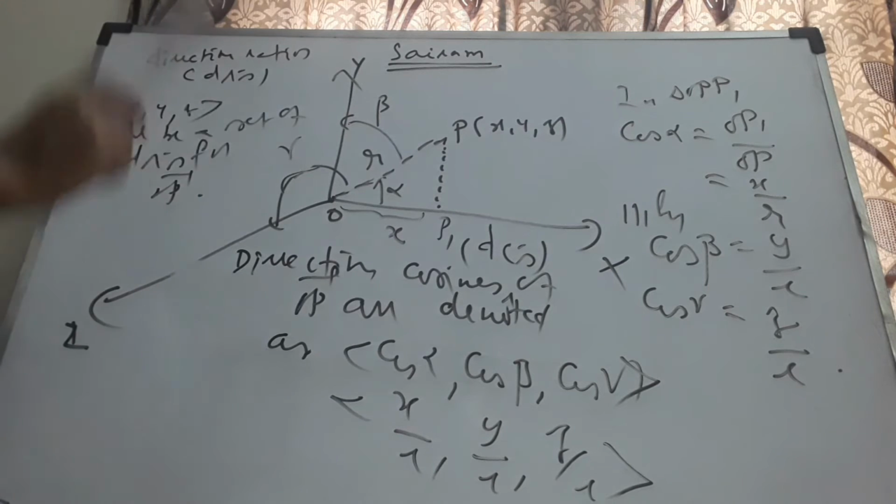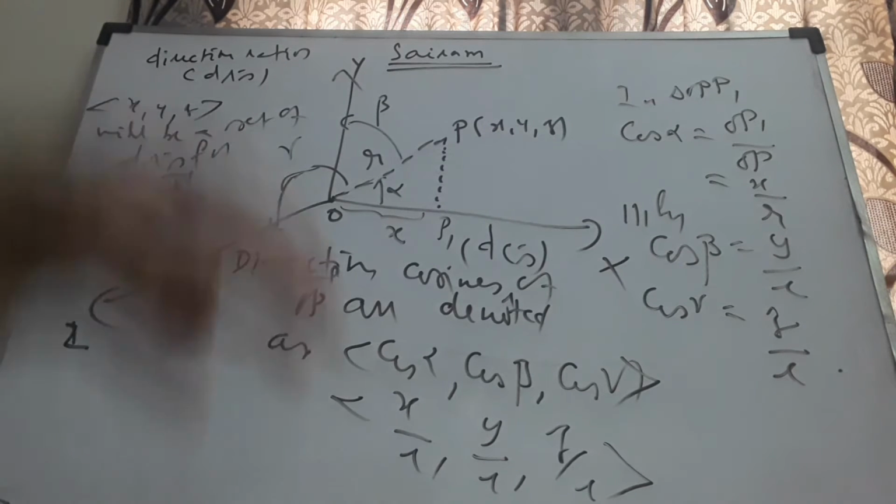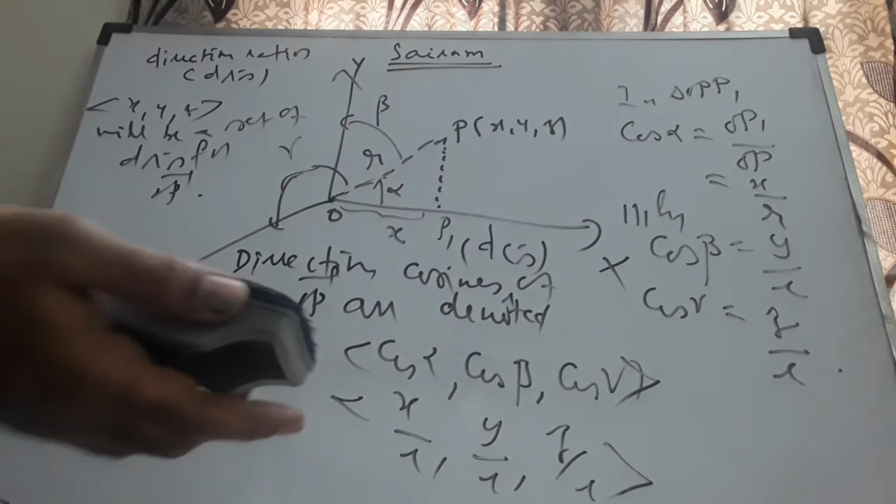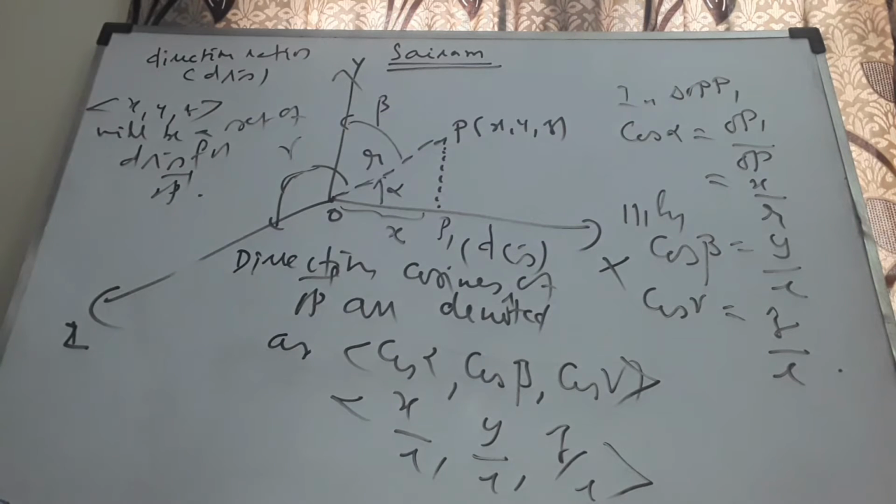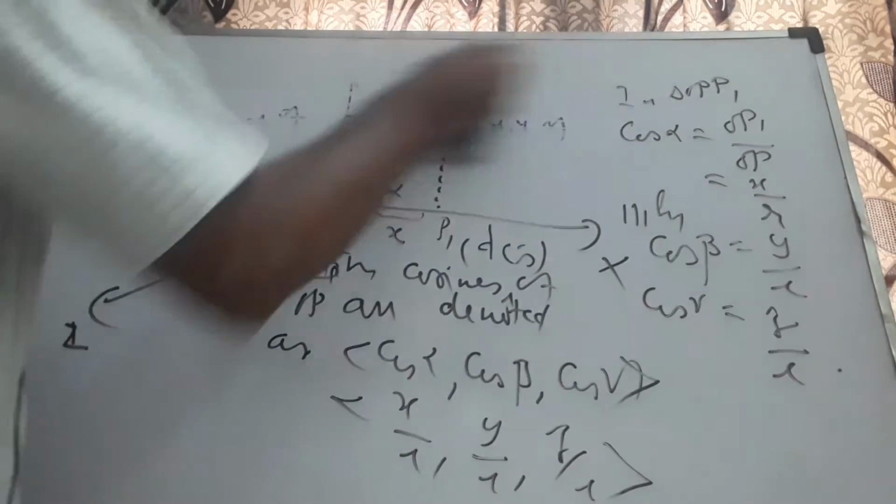In fact, two lines are parallel if and only if they have the same set of DRs or proportional DRs. In 2D, you might have seen two lines are parallel if and only if their slopes are equal. Similarly, in 3D, two lines or two vectors are parallel if and only if they have the same set of DRs or proportional DRs.